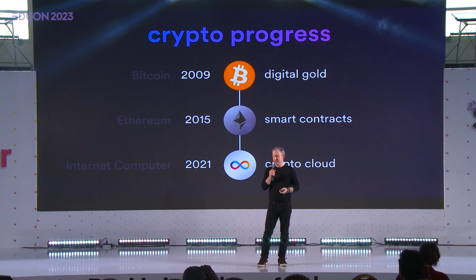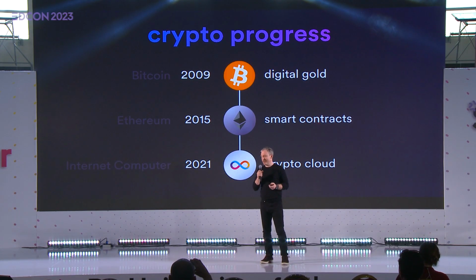And then finally, the Internet Computer launched in 2021 and produced something that you can think of rather like a crypto cloud. It's a blockchain, but it uses a very different architecture, a lot of super interesting advanced math and cryptography. And you see these kinds of innovations come about every 6 years or so.